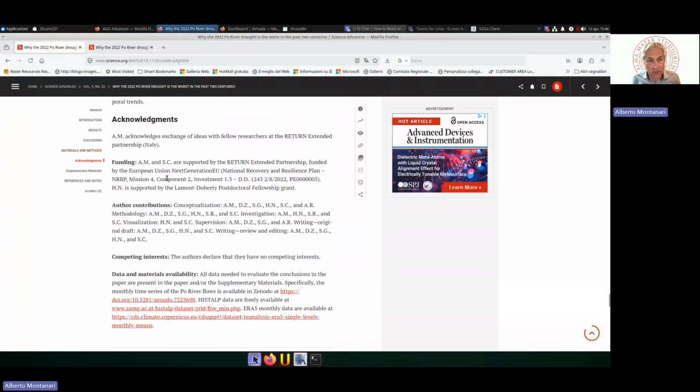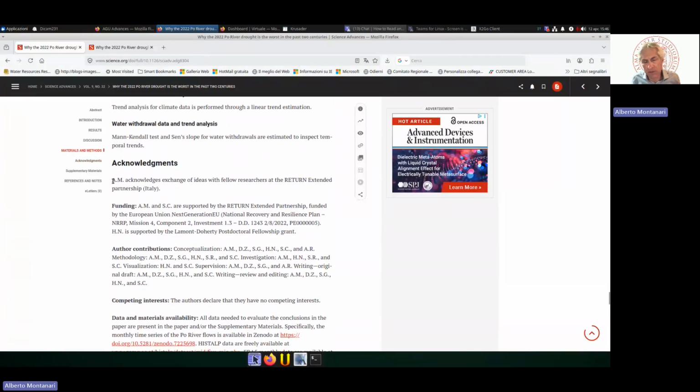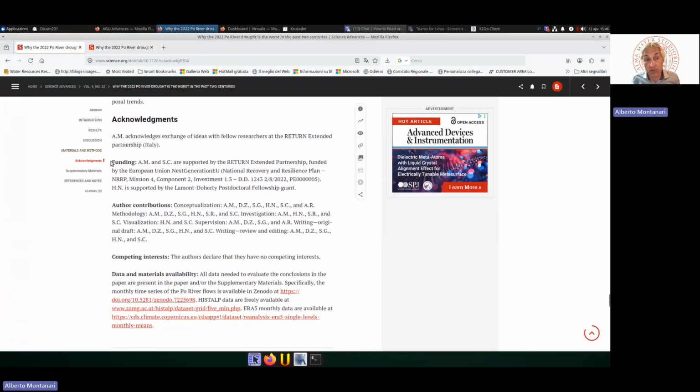And then there is the acknowledgement. The acknowledgement is something that I consider important. And here there is the acknowledgement of the contribution by other scientists other than the authors. Acknowledgement of funding is extremely important because first, the authors are required to acknowledge funding for their research activities.